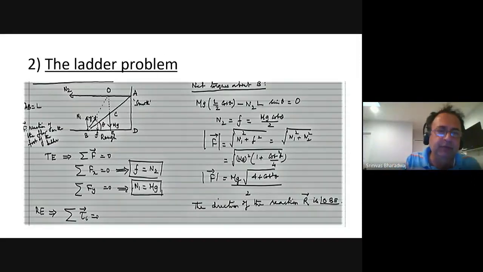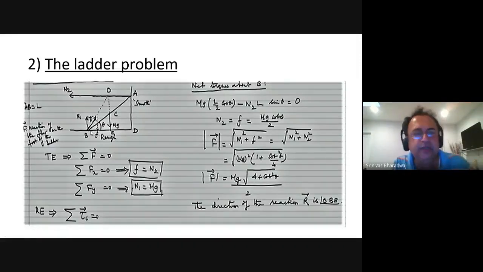Most often people take moments about the point B. Do you know why? Because you eliminate two forces. One is the friction and the other is N1, because the R cross F on these two forces will be 0. Okay, so you just then have only 1, 2, and in some cases 3.